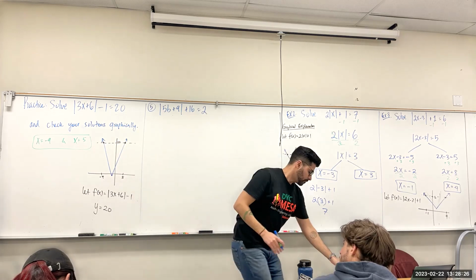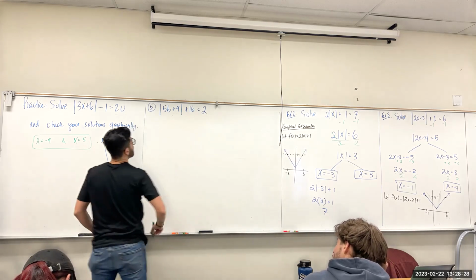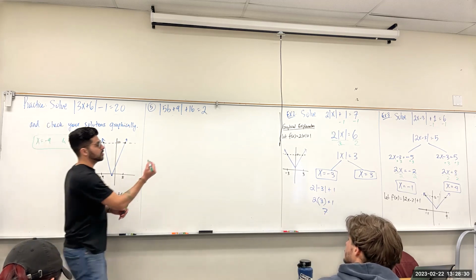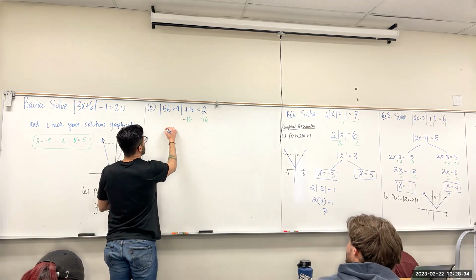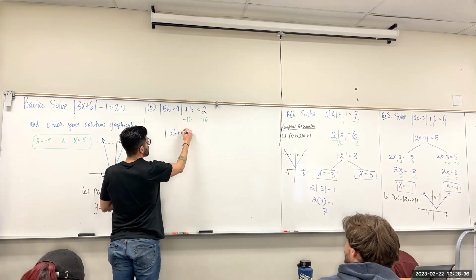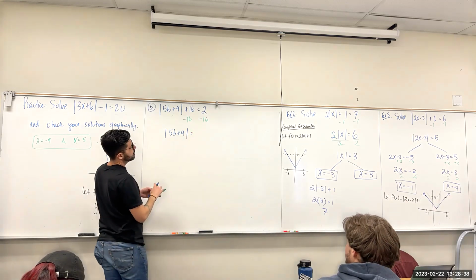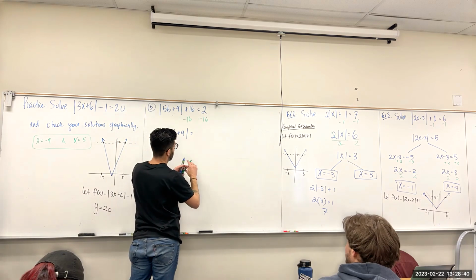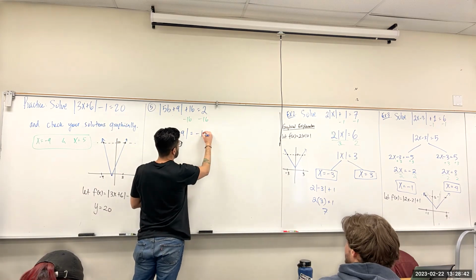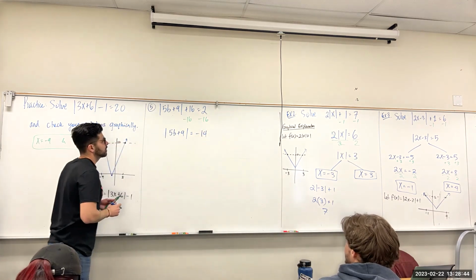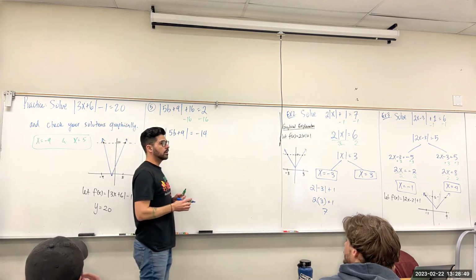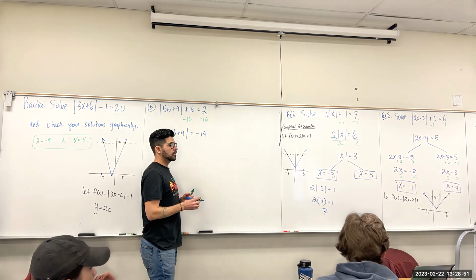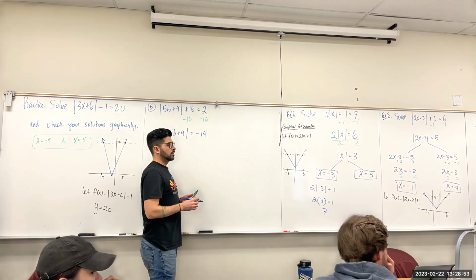I start solving it, subtracting the 16 from both sides. I'm left with the absolute value of 5b plus 9 is equal to negative 14. What did you guys do from there? We solve, but then you can't solve for it, because you can't just make 14 negative.